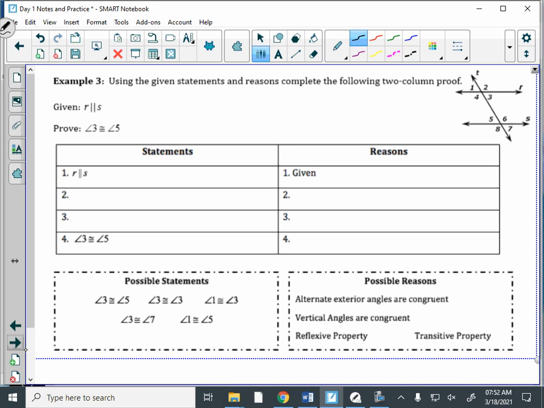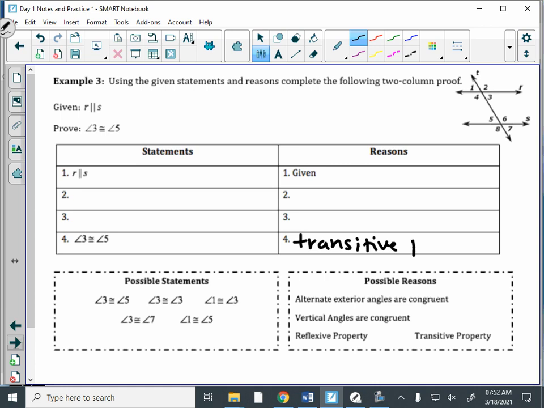Here's the property. Then we have to link these together. I like to pick my first angle, angle 3. So I'm going to look at all the possible options that I can use.